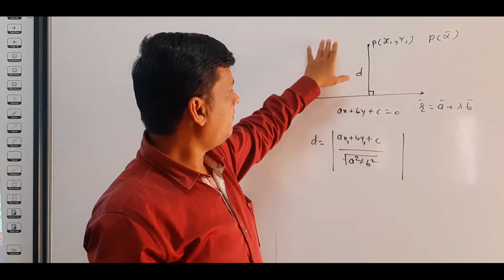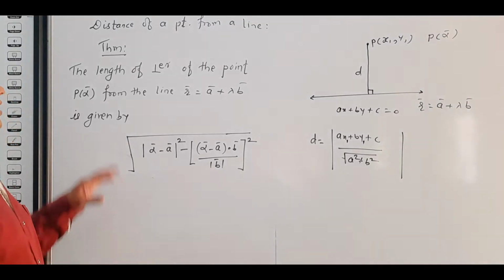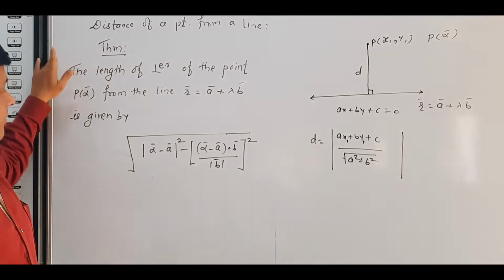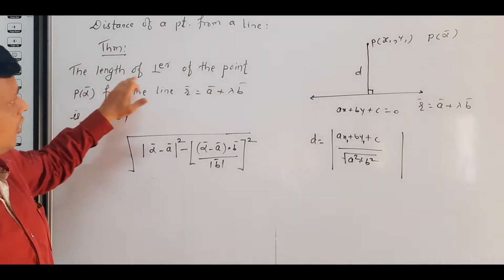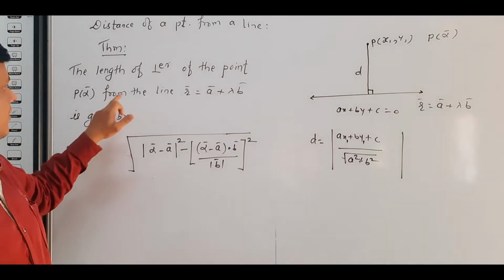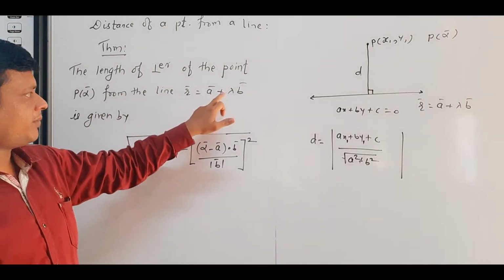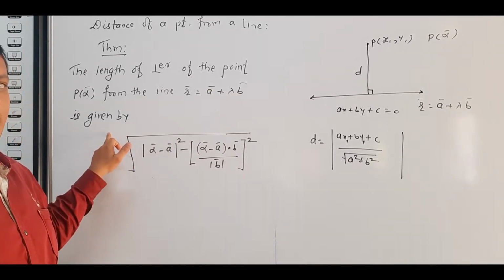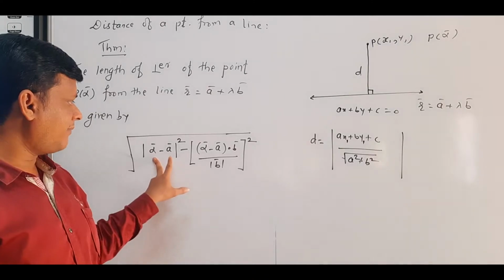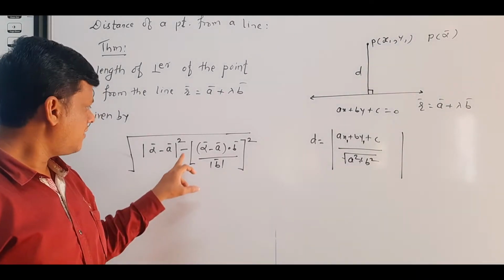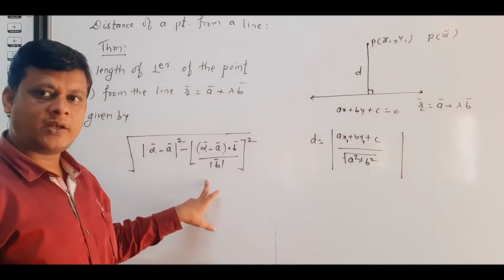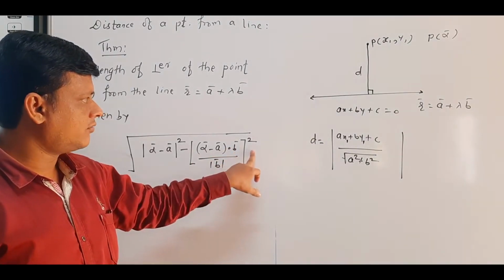So the topic is distance of a point from a line, and the theorem statement is: the length of the perpendicular from the point P of alpha bar to the line r bar equals a bar plus lambda b bar is given by the square root of magnitude of (alpha bar minus a bar) squared minus [(alpha bar minus a bar) dot b bar upon magnitude of b] squared.